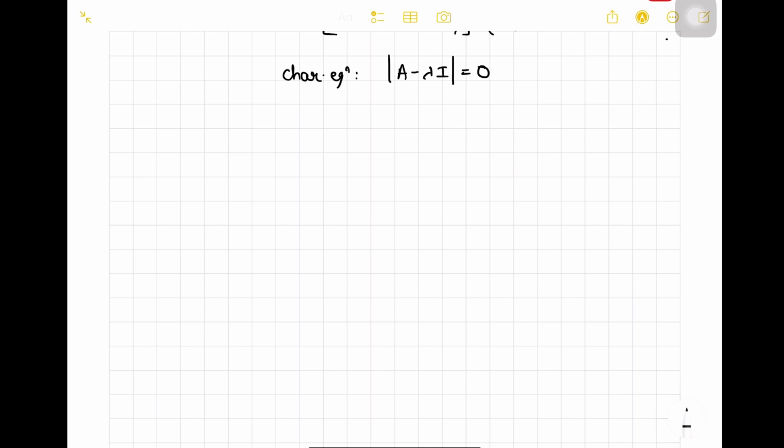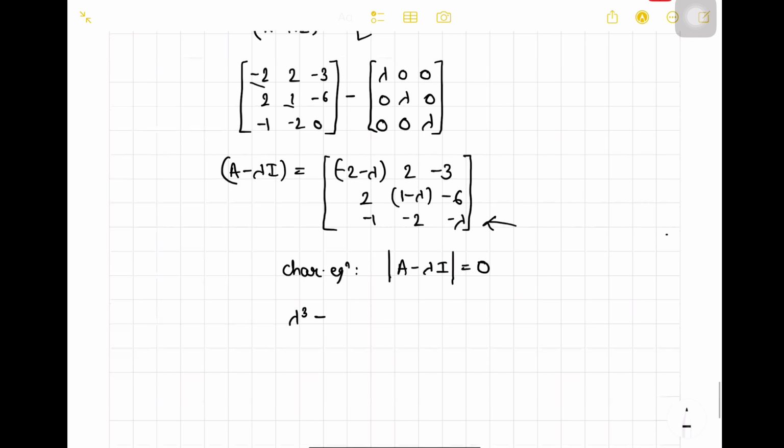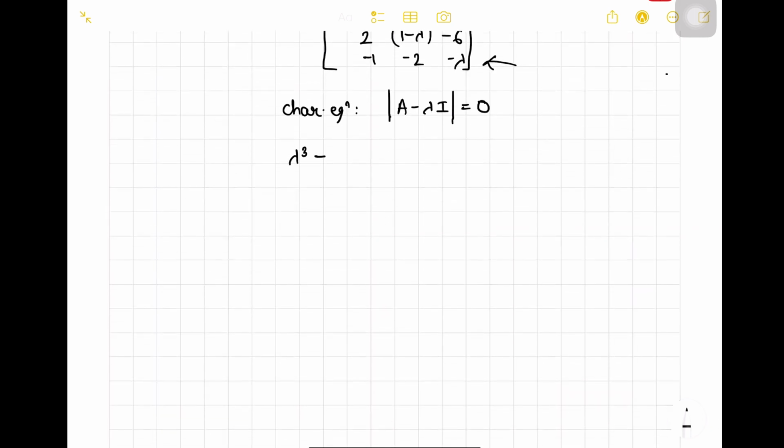So by using shortcut method we get the modulus as lambda cube minus trace, which will be minus 2 plus 1 plus 0, that would be minus 1. So this will become plus lambda square and the sum of the minors of the diagonal elements. Let me write the formula below.